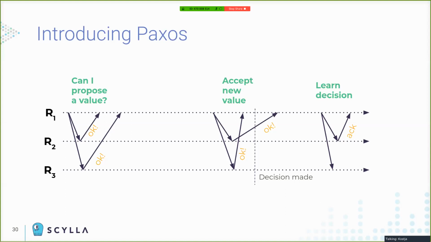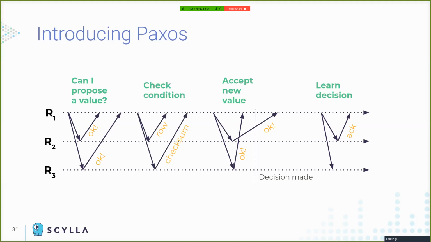And once the leader knows that the decision was made, that the majority of replicas accepted this new value, then it can inform the replicas. This is an optional part, but it still needs to be done before the next round, so that the replicas can safely store the new mutation in their durable database. Next slide, please.